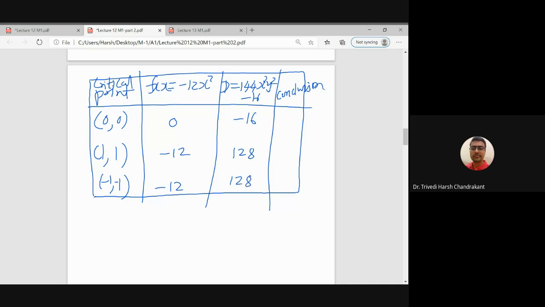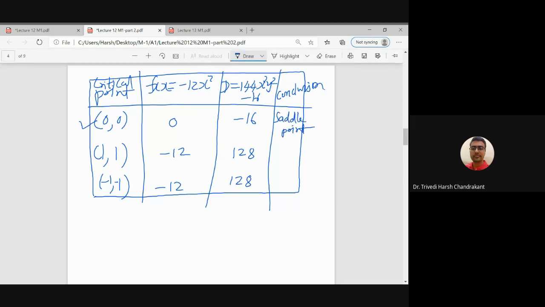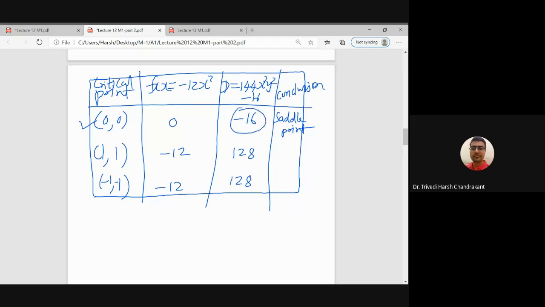So we found the value of the discriminant and the second order partial derivative fxx at these 3 points, and now we will use the second derivative test. For the point 0 comma 0, the discriminant is negative. That means we have a saddle point here, because D is negative.